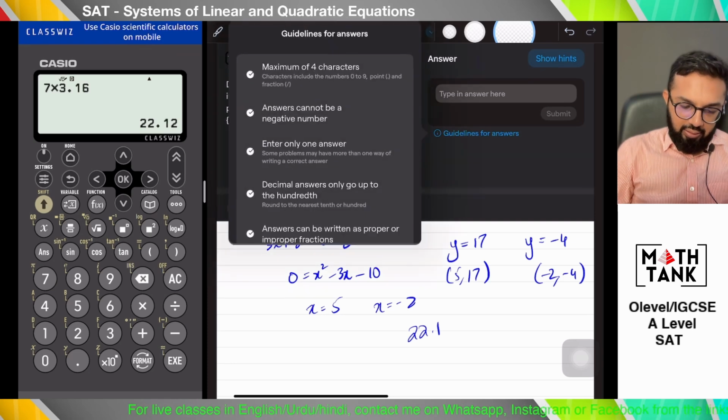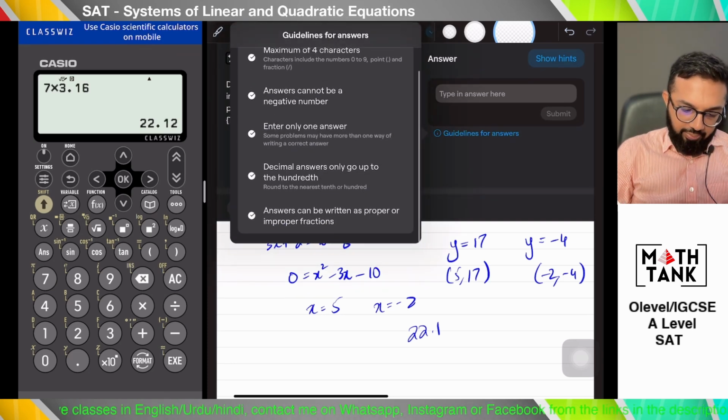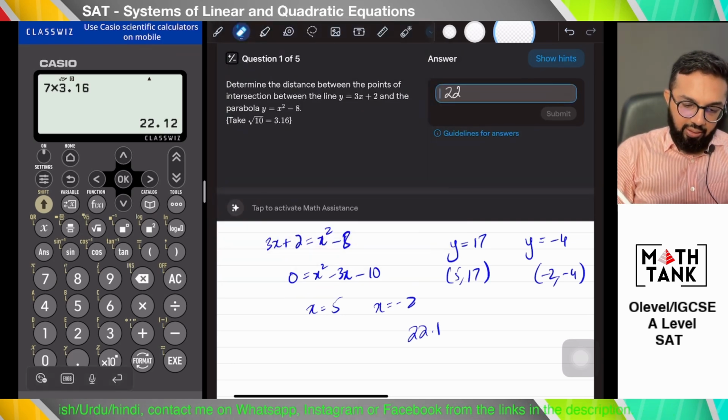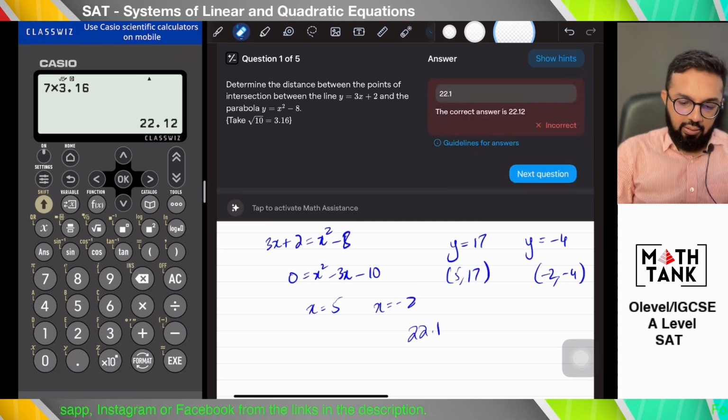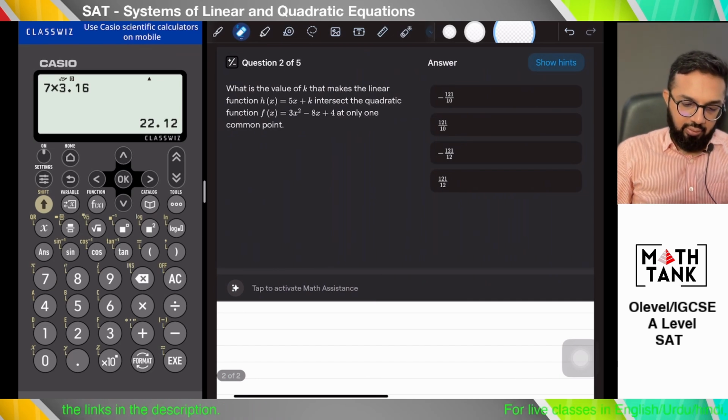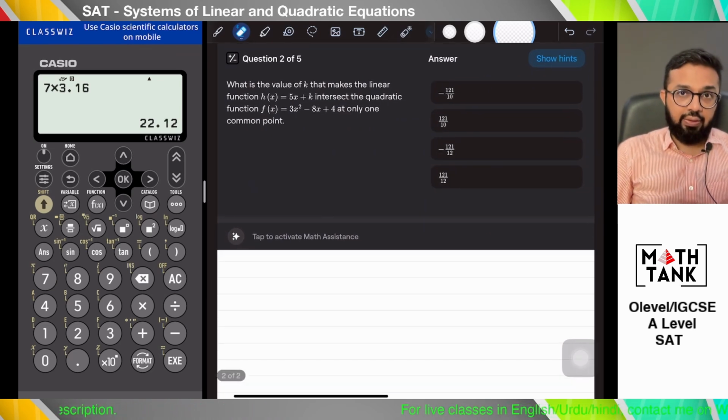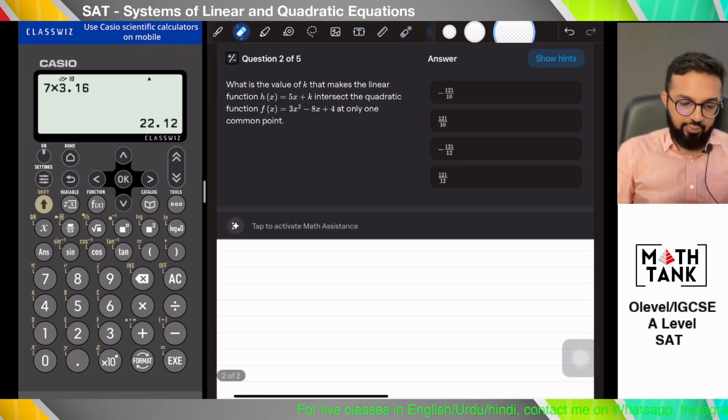Now, I think the decimals only go up. I think the answer should be 22.1 because that's the answer square that you're given on the exam as well. Okay, it says 22.12. That's fine. Answers need to be correct to the nearest hundredth.